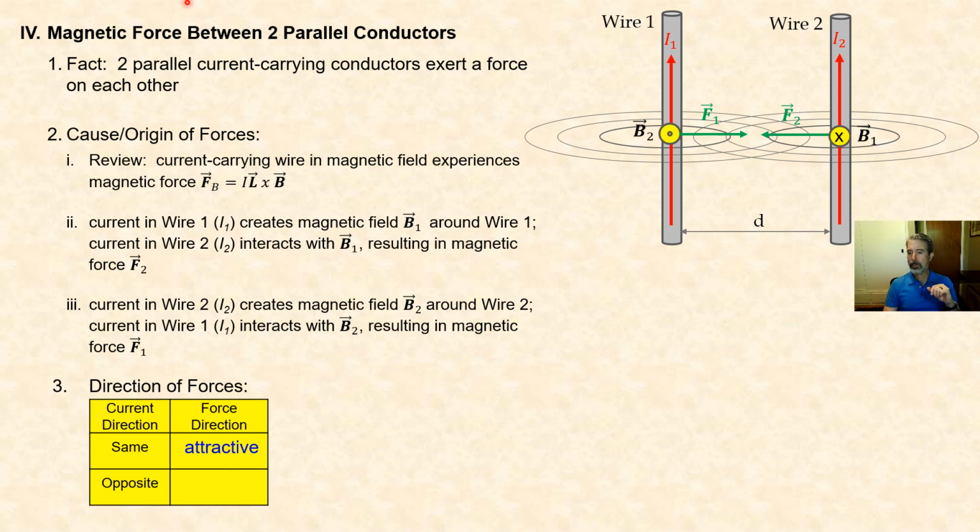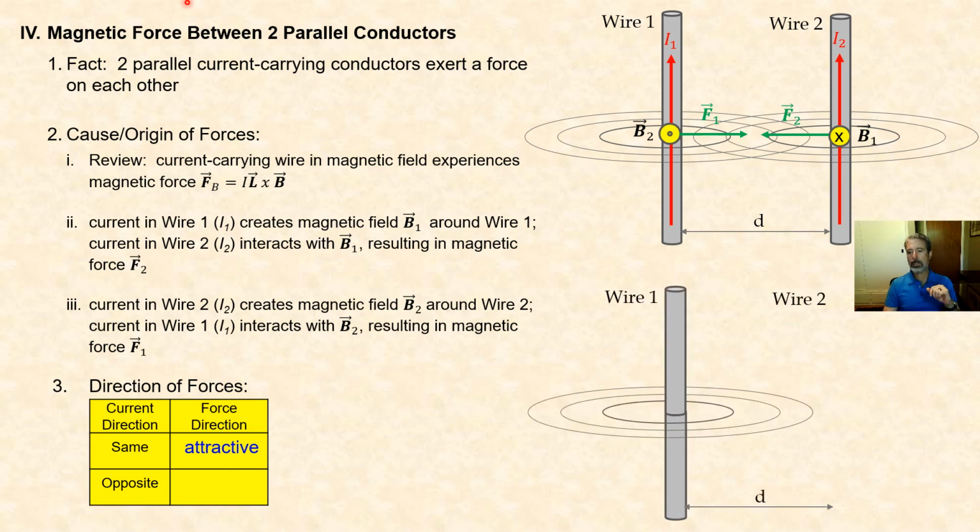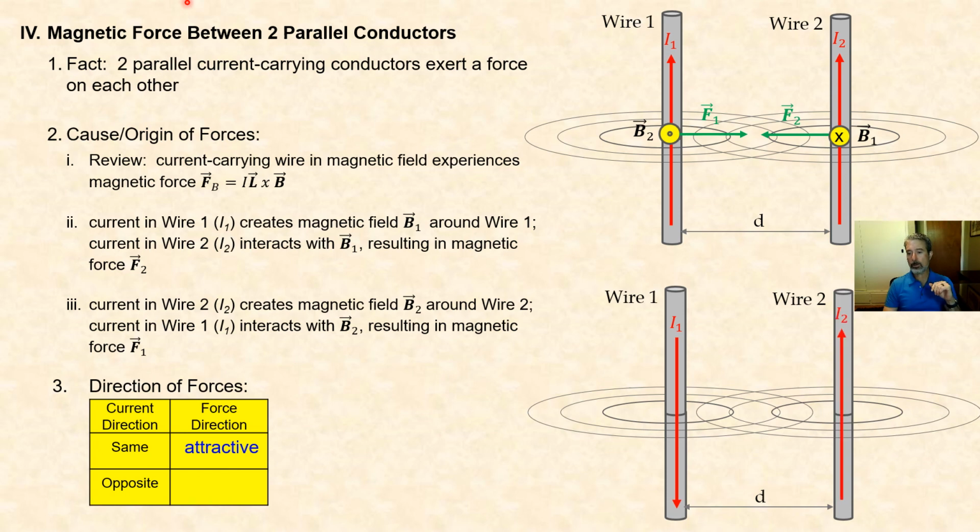Well, what would happen if the currents are in opposite directions? Let's quickly look at that case here. So for wire 1, we'll say the current is downwards, and in wire 2, it's upwards. Going through the same reasoning here, the magnetic field created by wire 1 when it interacts with wire 2 is going to be in this direction, coming out of the plane of the paper.